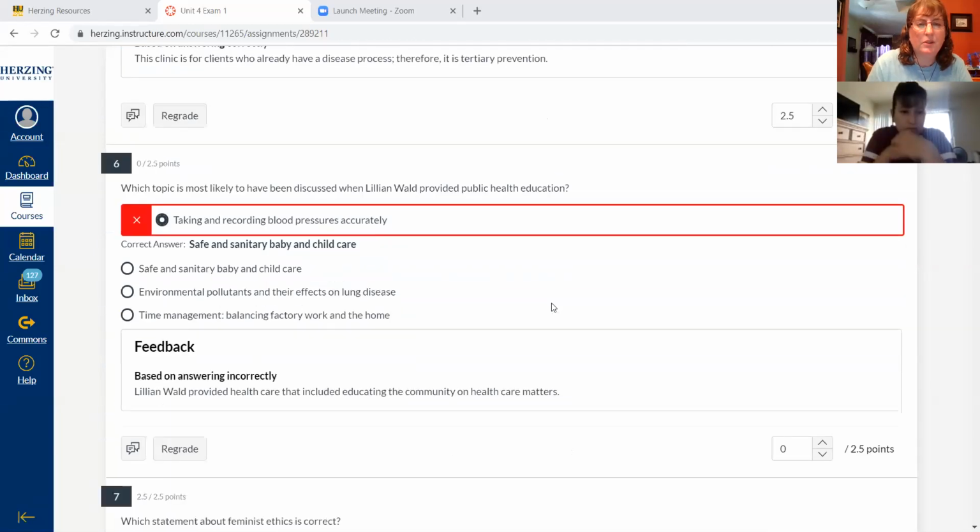Okay, so number 6 here, it says, which topic is most likely to have been discussed when Lillian Wald provided public health education? So she's all about educating the community on sanitary practices and stuff. So it would be safe and sanitary baby and child care. Makes sense.